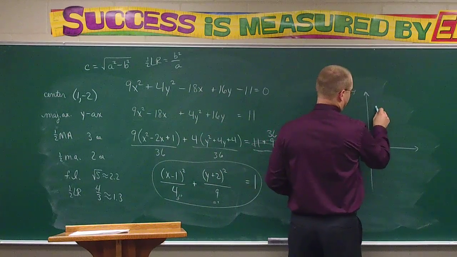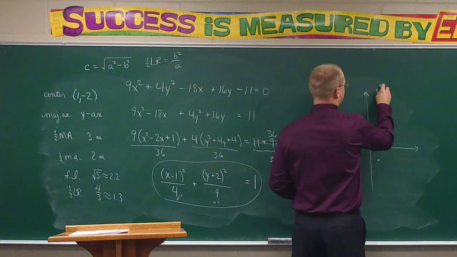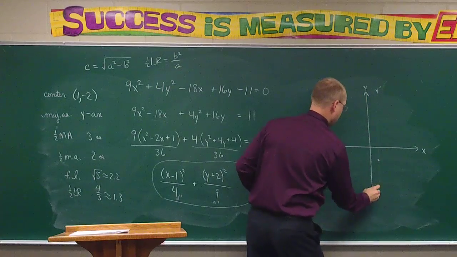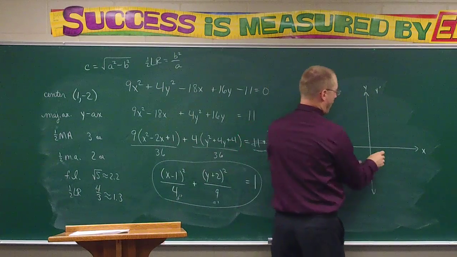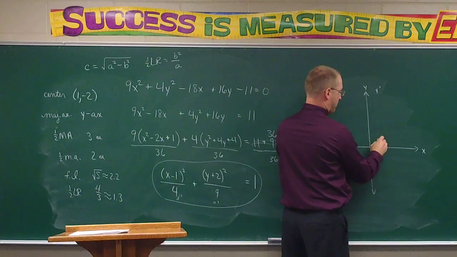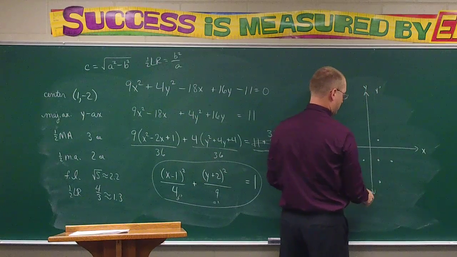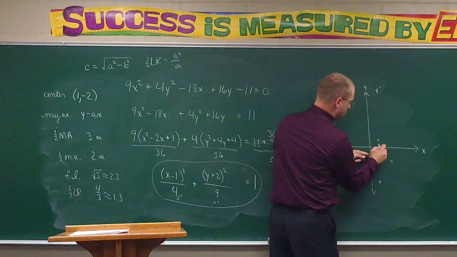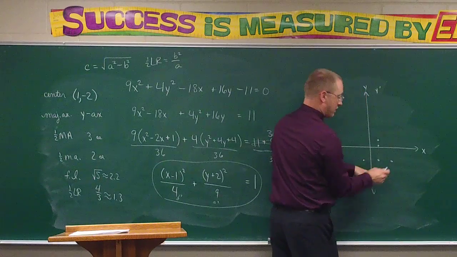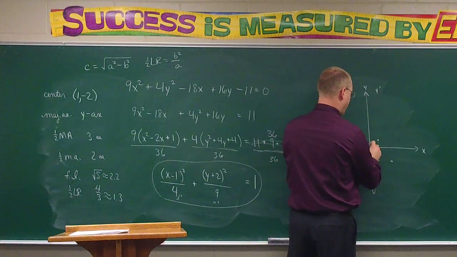We'll draw a new y prime axis here. We'll go along this major axis, up 3, down 3, outward over 2, over 2. We'll go 2.2 to the foci, and then outward 1 1/3.